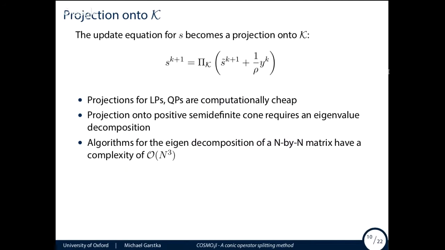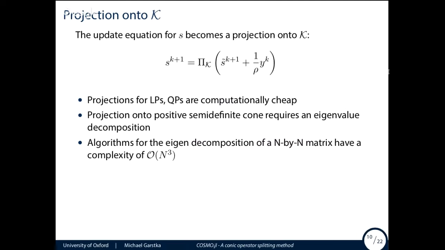And so projection is essentially you give me a vector and some kind of constraint set, and I tell you a vector in the constraint set that is closest to that vector. And it is quite easy to do if you have an LP or QP, then that operation is really cheap to do.